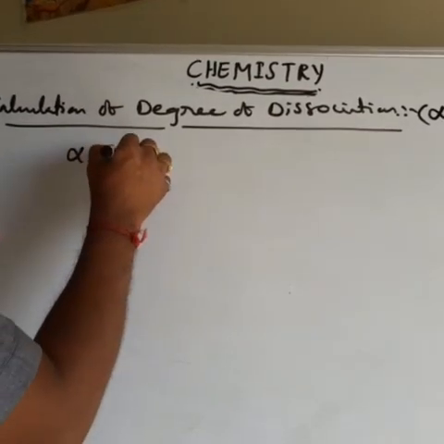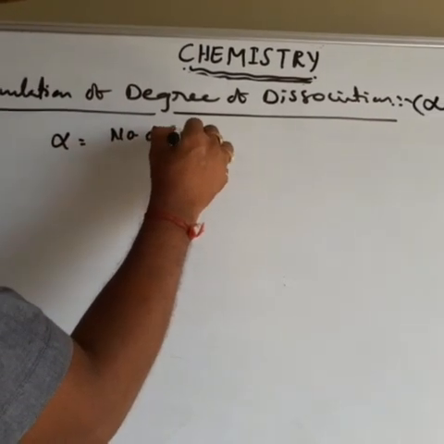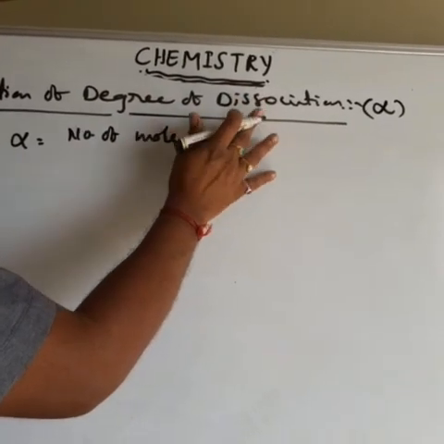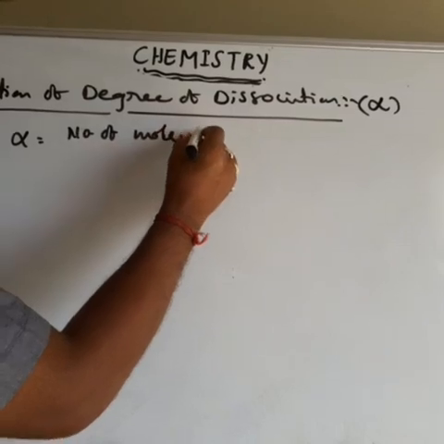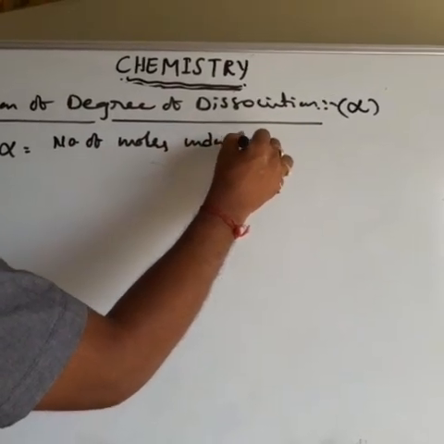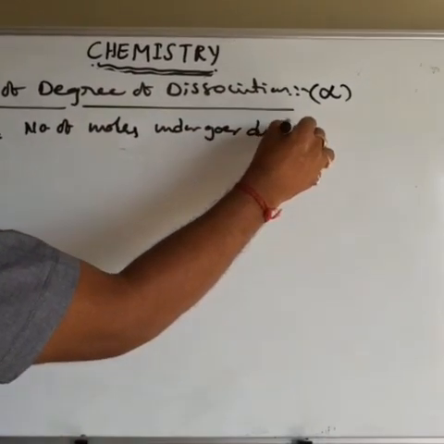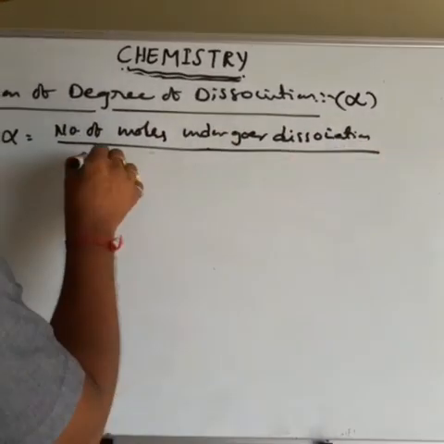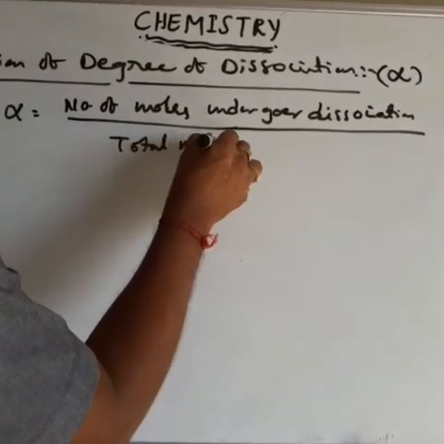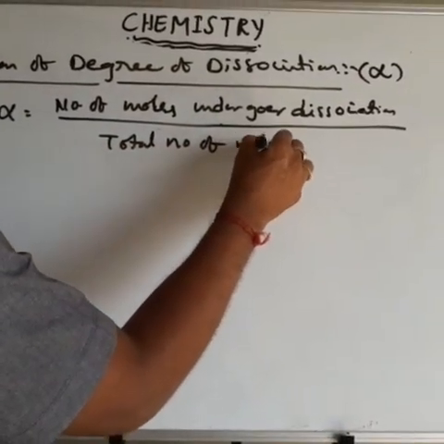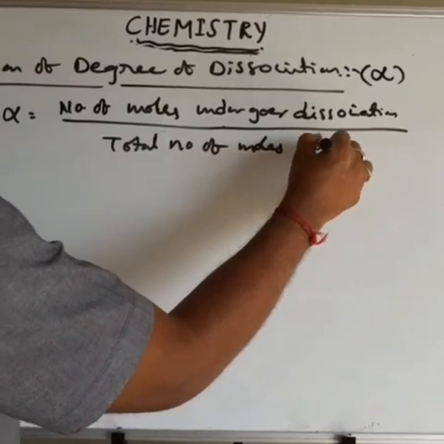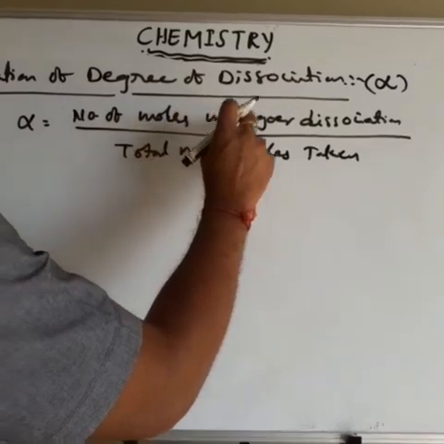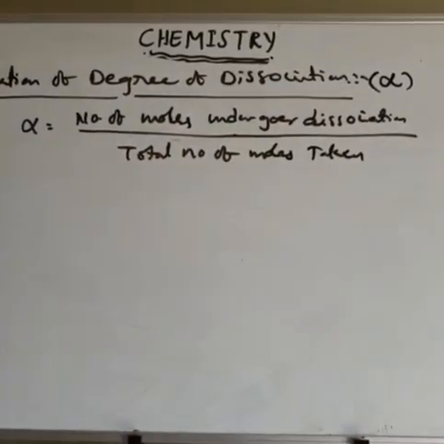Alpha is equal to the number of moles of solute undergoing dissociation divided by the total number of moles taken.